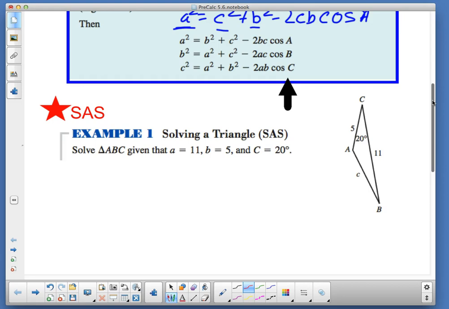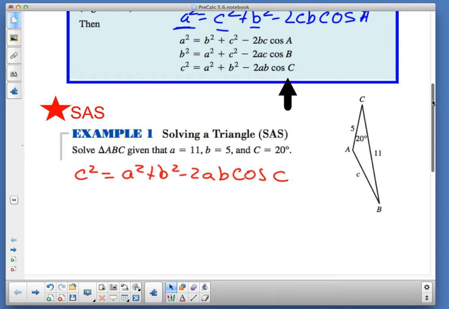As we start, we're going to begin with C squared, because that's what I'm looking for. I've got A squared plus B squared minus 2AB cosine of angle C, the law of cosines. Now that I've got that in there, I'm just going to pop in what I've got.